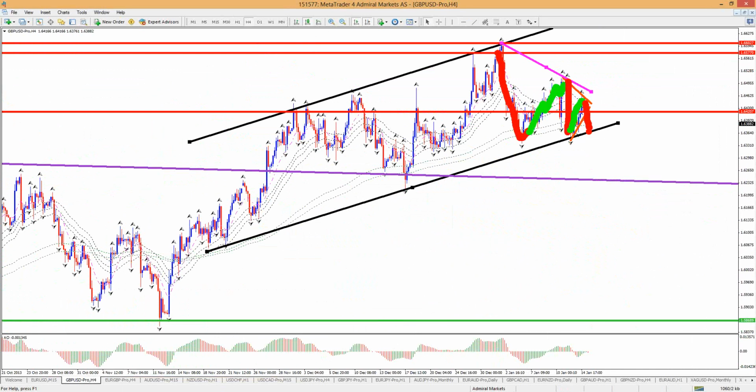But all in all, it's still kind of within a triangle formation here. So for a real strong, consistent reversal or bigger downside potential, we really need to break out of that uptrend channel, out of this triangle, either down or up, to have a good idea what breakout trade is better. But that's how I look at it, at least.